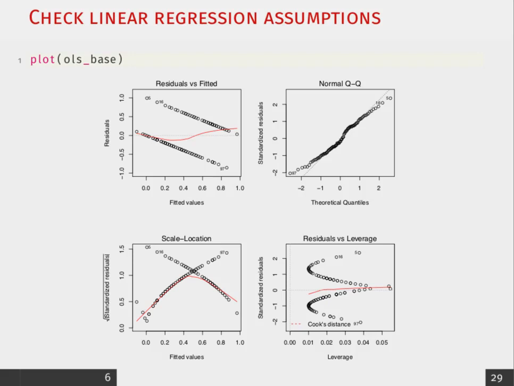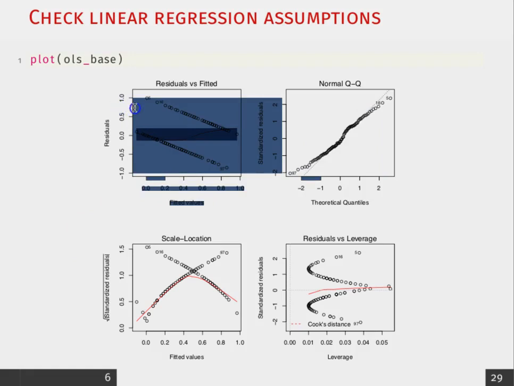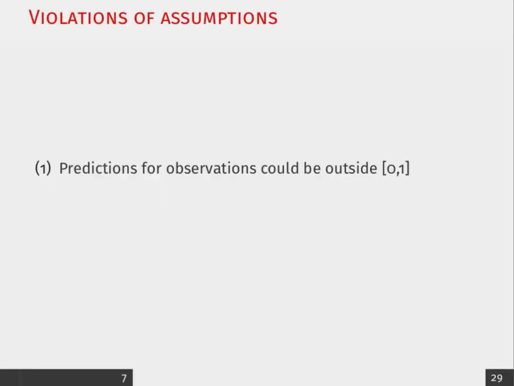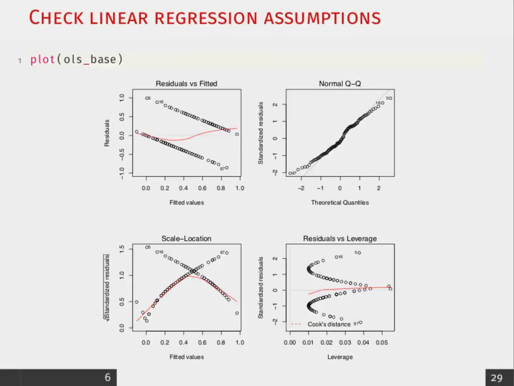So here again, remember, we can see in the first top left the fitted values plotted with the standardized residuals. We can also see in the normal QQ plot deviations from normality for different theoretical quantiles. And at least in this instance, we would say that our assumptions are quite violated, right?